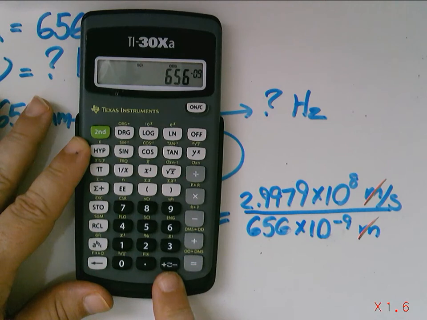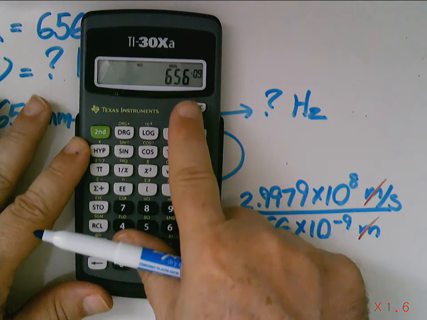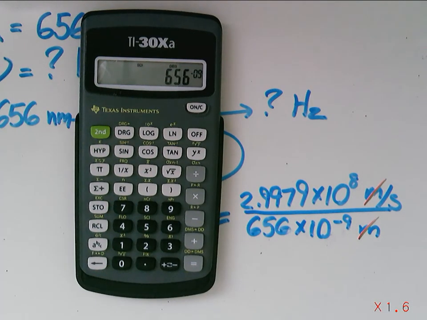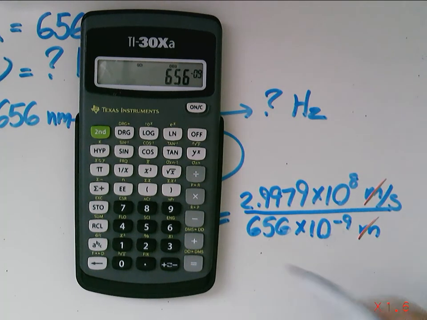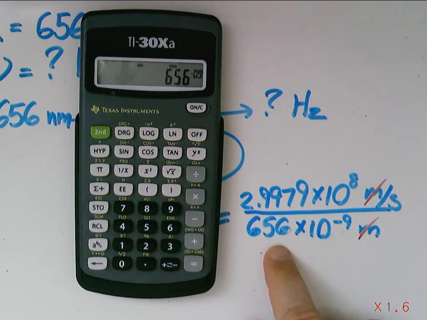I'm using the sign change key there for that. Now notice I didn't put that in scientific notation first. I would have to bump the decimal point over 2 places and write 6.56 times 10 to the minus 7 to have this bottom number in scientific notation, but I don't care. I just typed it in like that, and the calculator recognizes that that's the same number that I would have had if I put it in scientific notation. So you can save yourself a little bit of work.